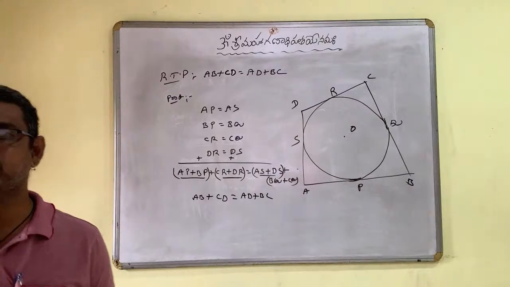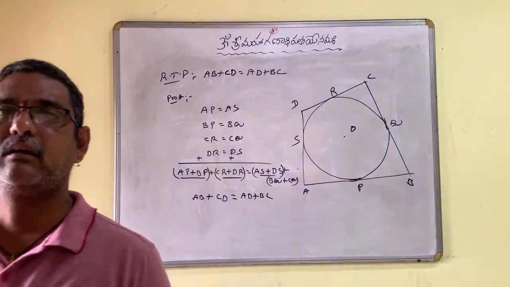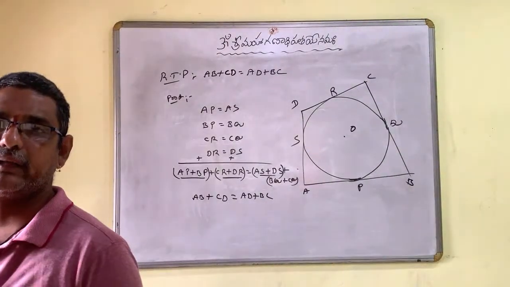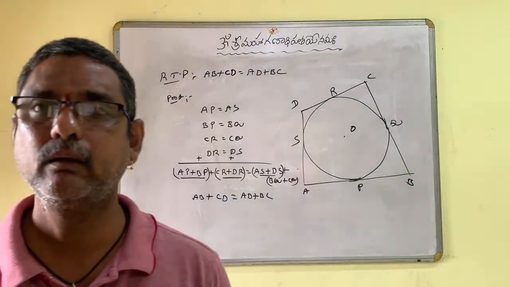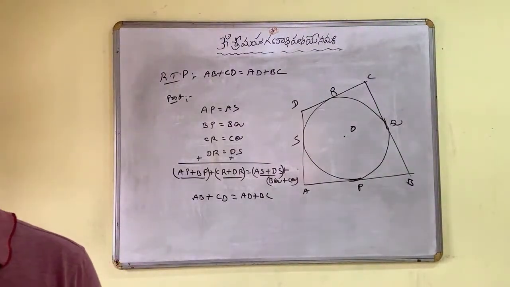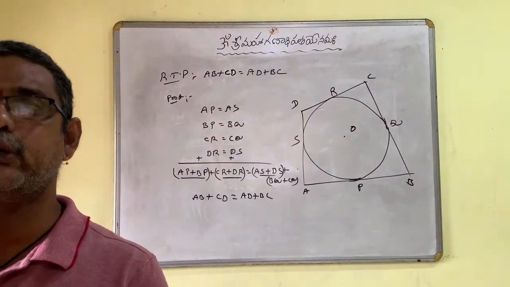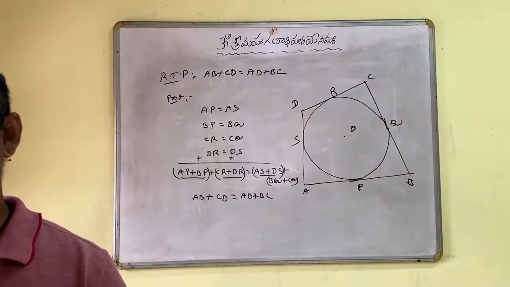Done. Lengths of tangents drawn from an external point of a circle are equal. Using that second theorem, we have proved this problem.